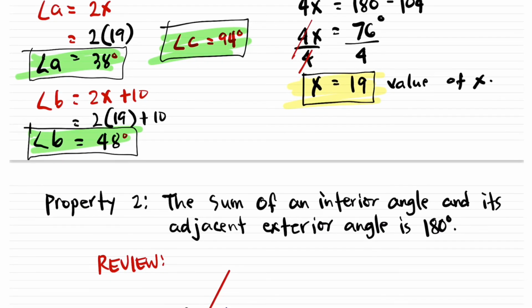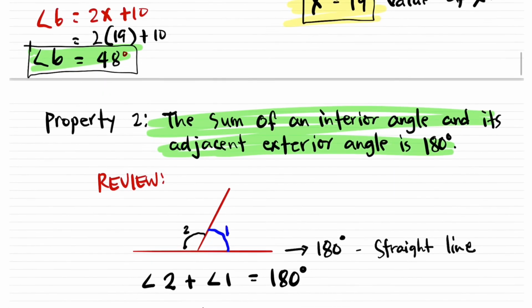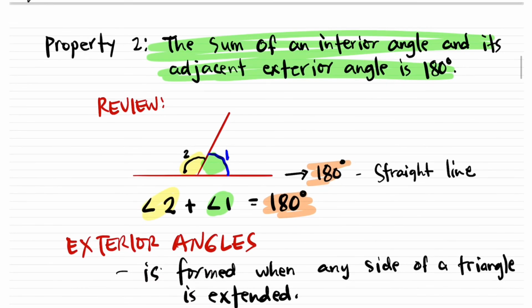Now we proceed to the next theorem, property 2. The sum of adjacent interior angles is equal to 180 degrees. Now we review that the side here plus the side here, angle 1 plus angle 2 is equal to 180 degrees, and that is the angle for a straight line.